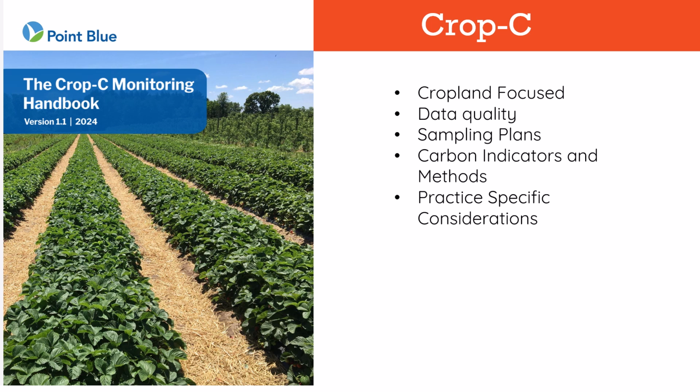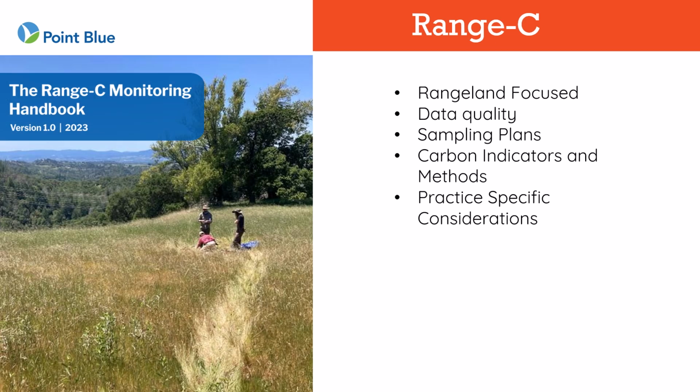They discuss carbon indicators and methods and practice-specific considerations. Range C is the rangeland complement of Crop C. It offers the same information through a rangeland lens for thinking about data quality, developing a sampling plan, and choosing indicators and methods, as well as specific management practice considerations.